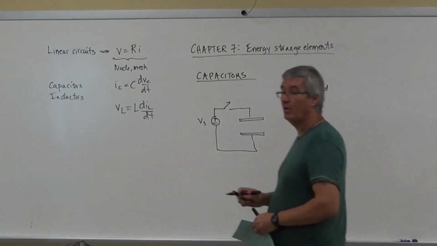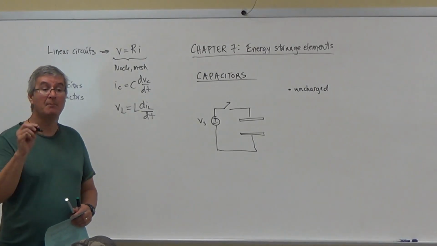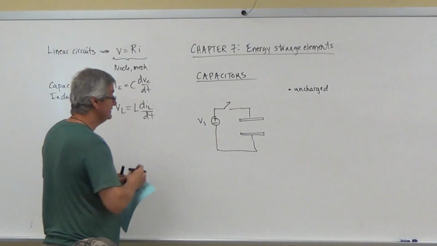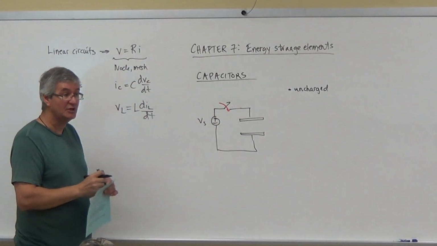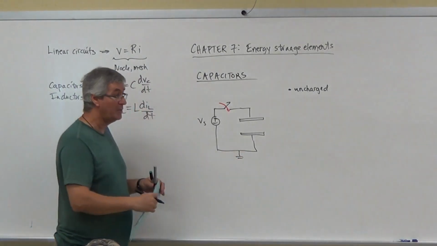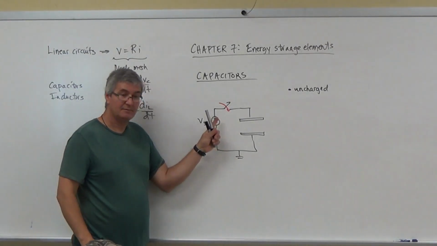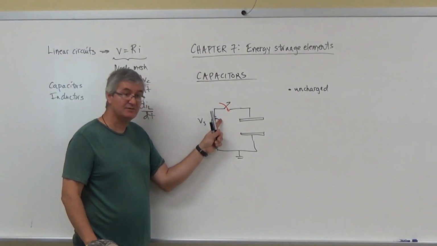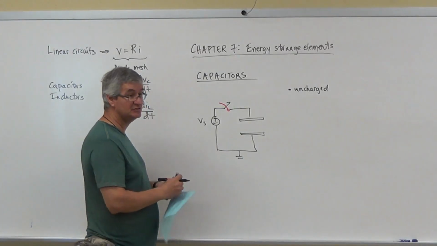Now, let's be realistic about these things. What do I mean by current flow in the circuit? I mean this. I close this switch, and note that if this is ground right here, there's a voltage difference, a potential difference, between the plates of the capacitor and the source. So now I get current that starts to flow.